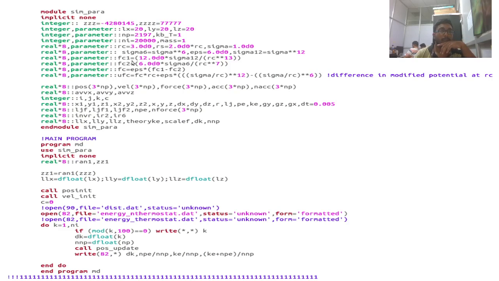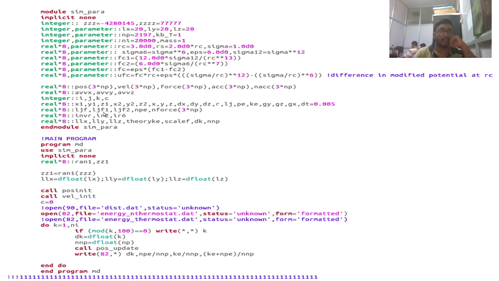Then fc1 and fc2 are again some redefinitions, and then we have the difference in modified potential at RC, that is the point at which the classical to quantum limit will be incorporated. Then we have some arrays, and each one of them will be a one-dimensional array having the total number of elements to be 3 times the number of particles.